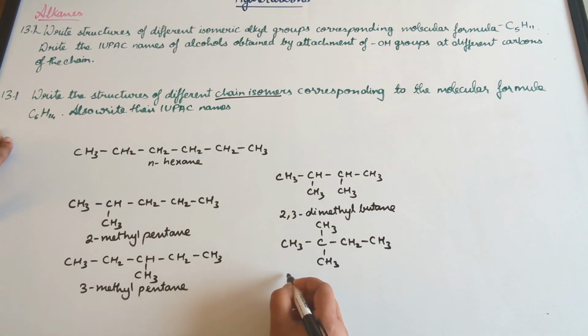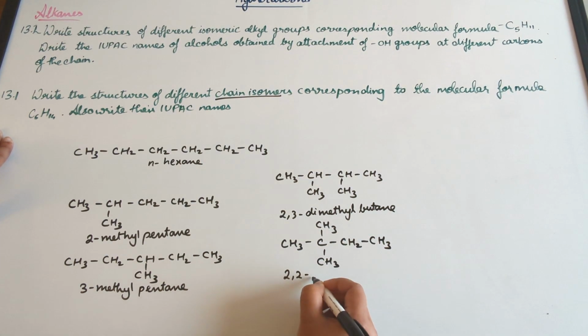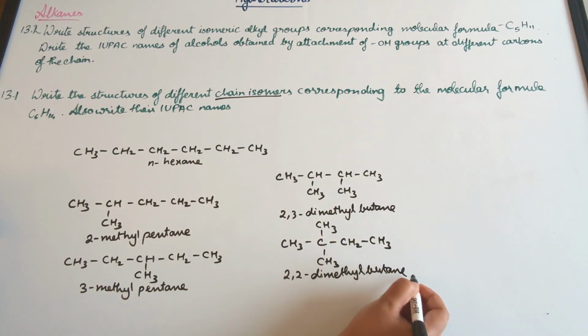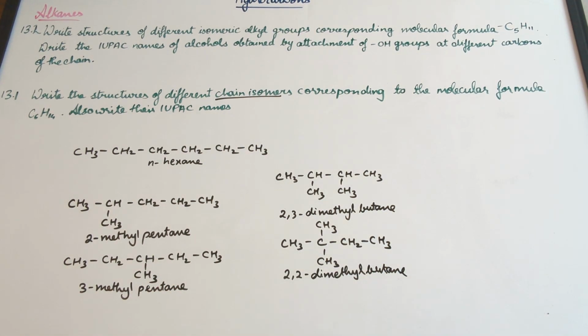And this is called 2,2-dimethylbutane. So these are the possible structures. We got 5 of them, along with the IUPAC names for the isomers of C6H14.